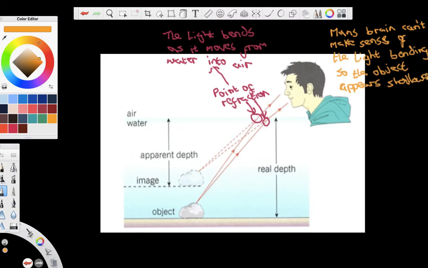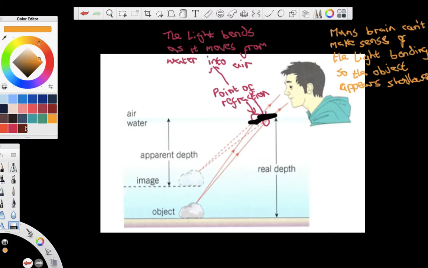Okay? So because this light bends as it moves from one medium into another, because it's refracted, the man's brain can't make sense of this. So the object seems shallower than it actually is, because his brain thinks that the light is travelling in straight lines.